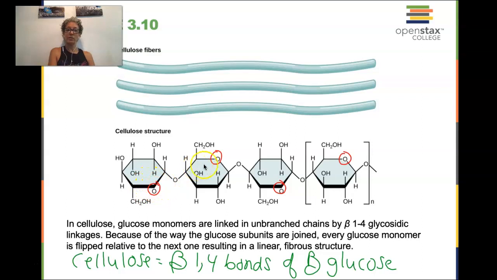This beta glucose has the oxygen in its ring upwards, so down, up. Each beta glucose is upside down relative to its neighbor, and that is how we get the hydroxyls in position next to each other to create the glycosidic bond. And that makes it very linear and much more fibrous, and that thick cell wall that is around all plant cells.